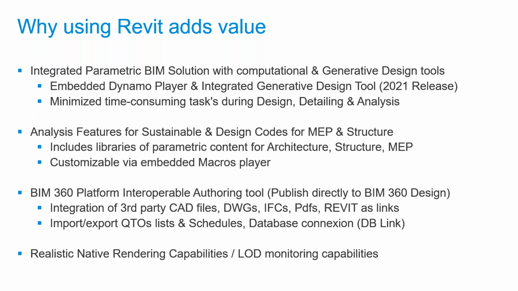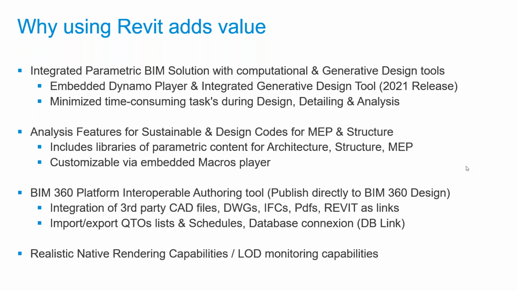So this is something new for Revit, and some of our users are already thinking of using these new capabilities on a plant project. Because it's a parametric BIM solution, it minimizes a lot of the time-consuming tasks during design, detailing, and even analysis.